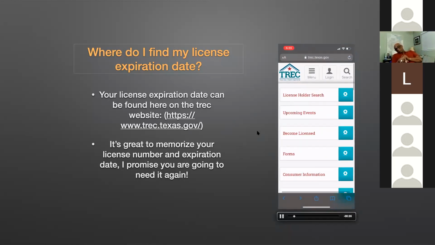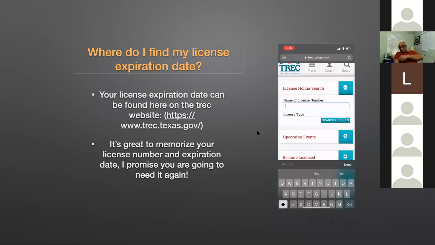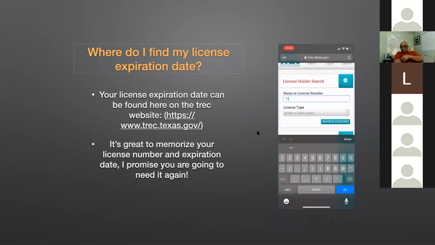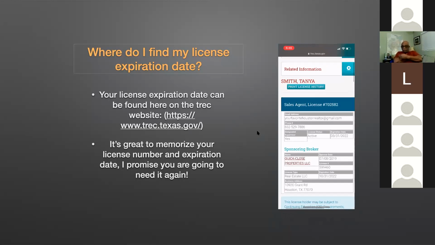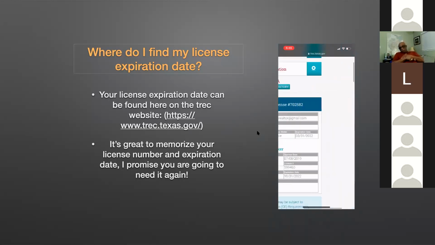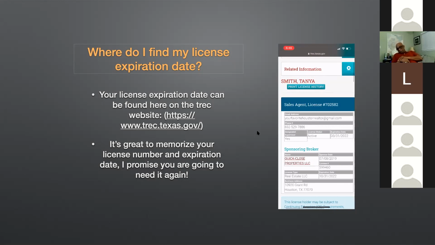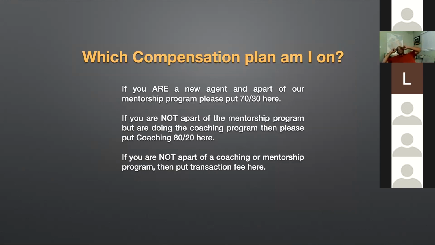If you just search under the license holder information, type in your license number and search licensees, it's going to bring up your license expiration date. It's also a good idea to go ahead and try to memorize your license number and expiration date. I promise you guys, you're going to need it again for something else. So there's our expiration date there.